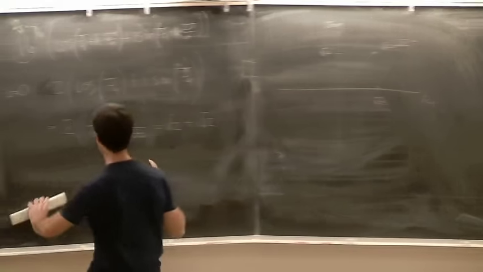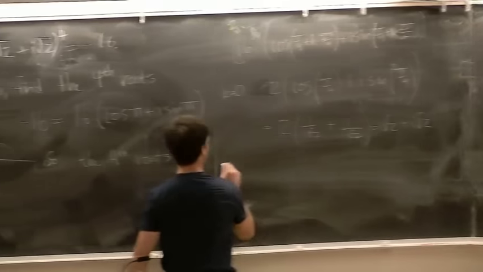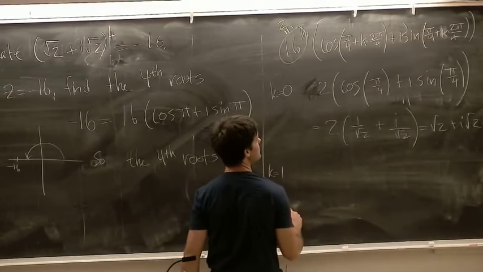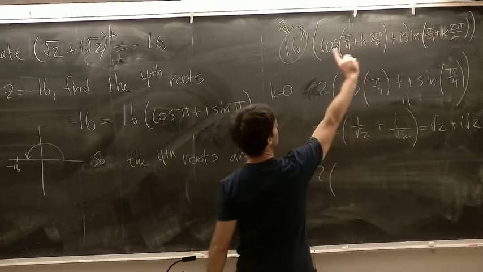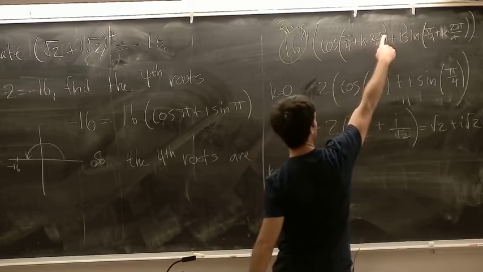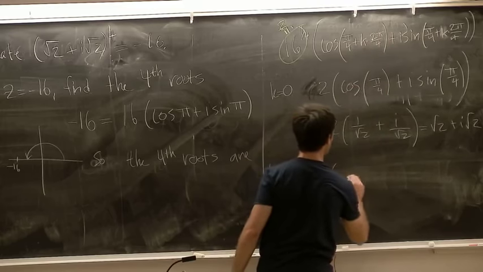Okay, but let's do some of the other roots. So how about if k is equal to 1? I'll get a 2, and then pi over 4 plus pi over 2.